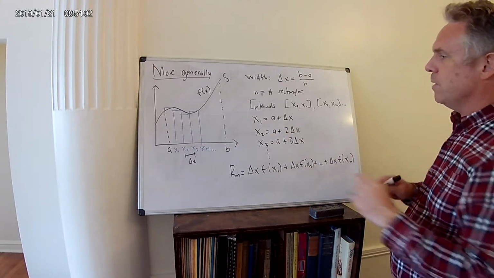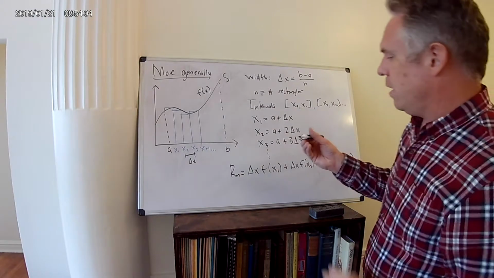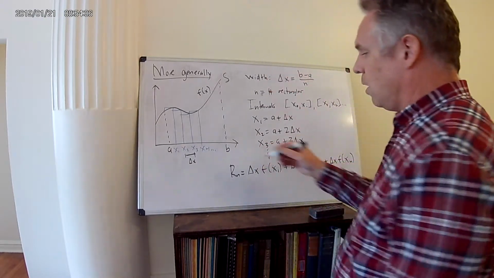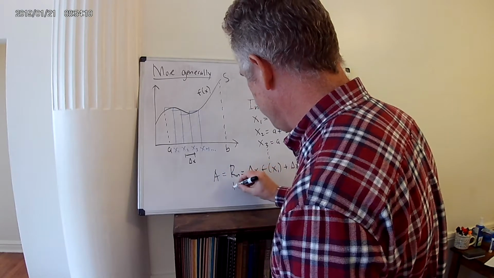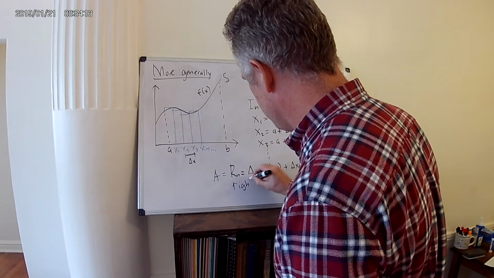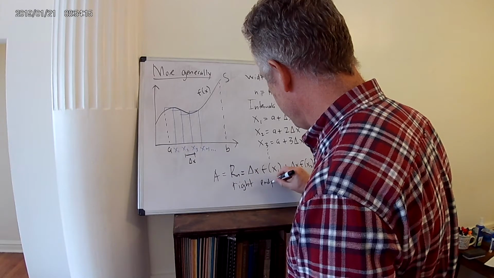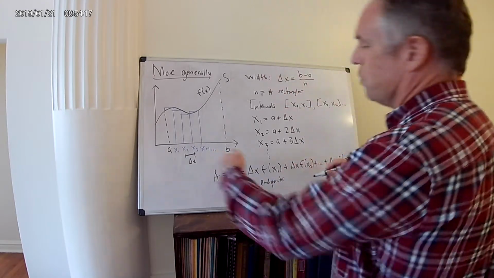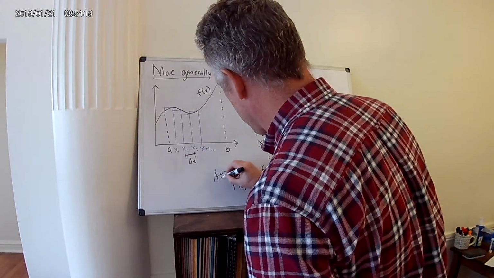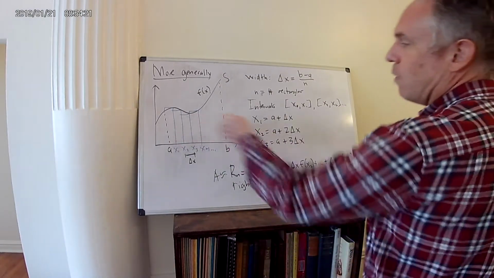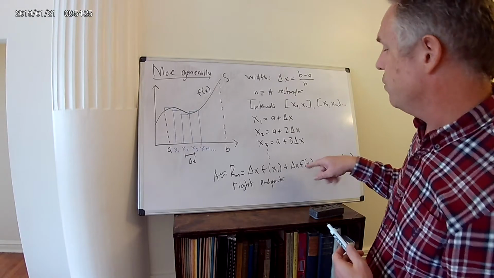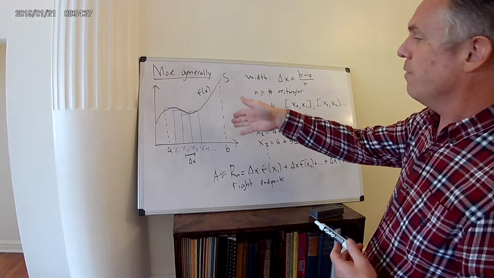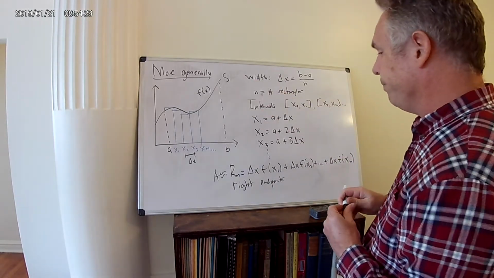So what I'm doing is the area under the curve, which I'm calling r sub n. Why r sub n? Because I'm using right endpoints, so the r stands for right. The area under this curve is approximately equal to the sum of all these rectangles, starting with the area of the first rectangle plus the area of the second, and so on, to the area of the last rectangle, the nth rectangle.